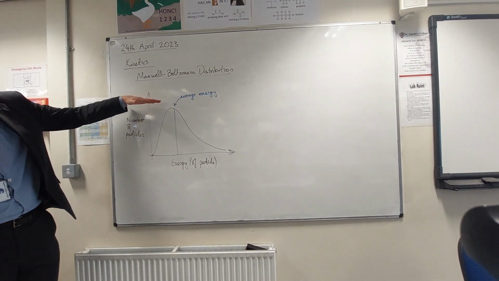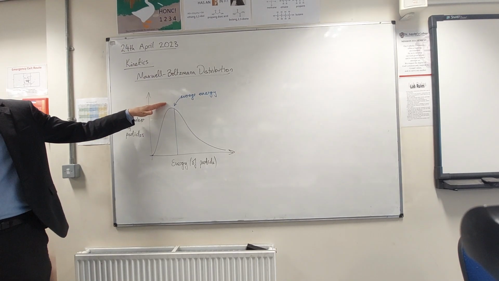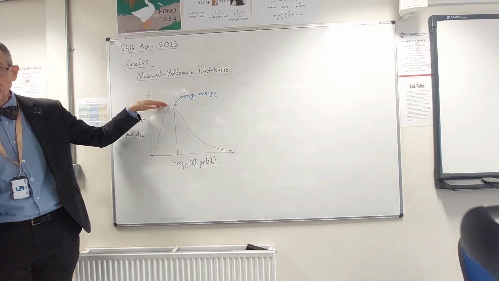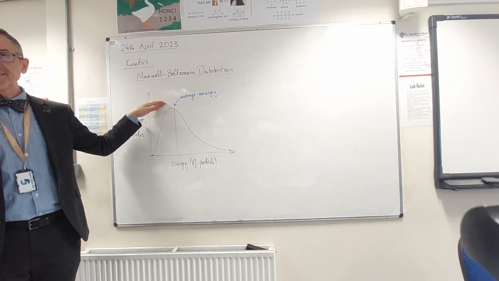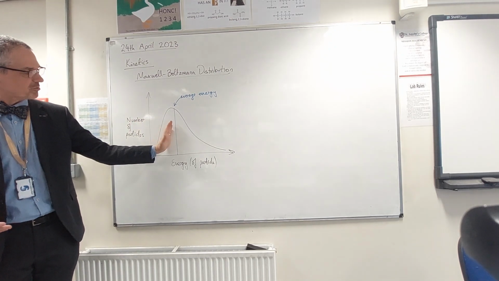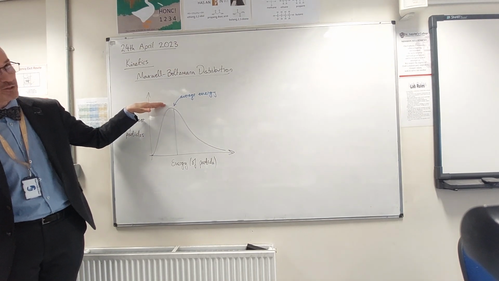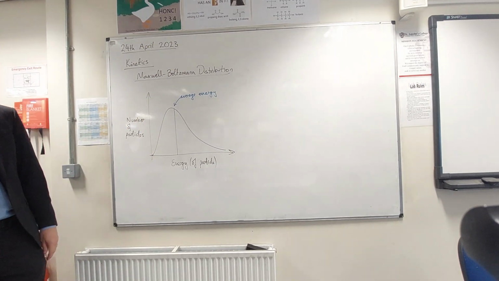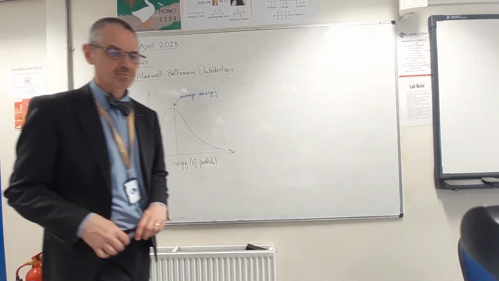So the peak is the most common energy found for particles. The number of particles with the most common energy would be here. And then the average energy is always just slightly to the right of that peak.